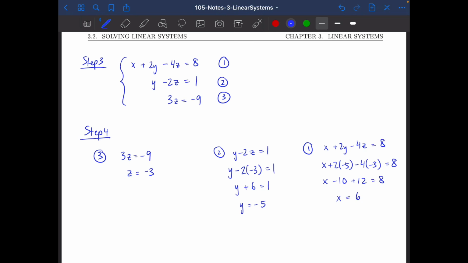And so I've solved the system. Therefore, x, y, z, the solution to the system of linear equations, is 6, minus 5, minus 3.